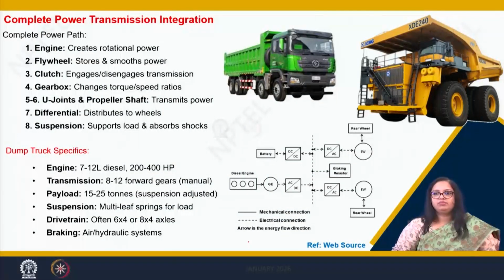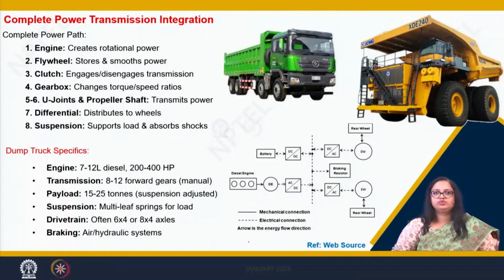Well, now summing up what we have already discussed, the complete power transmission system of a heavy machinery, specifically a dump truck. So, we see there is an engine which creates the rotational power. There is a flywheel which stores and smooths the power.